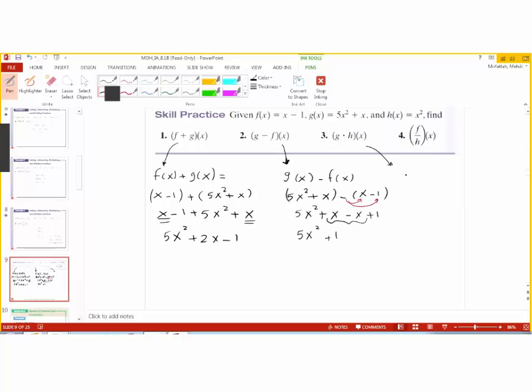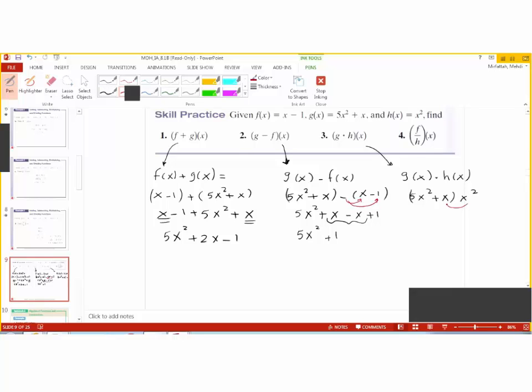Okay. For the next one, that means g of x times h of x. So g of x is given to me as 5x squared plus x, and h of x is equal to x squared.